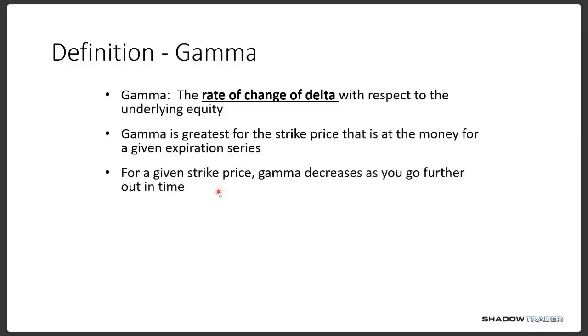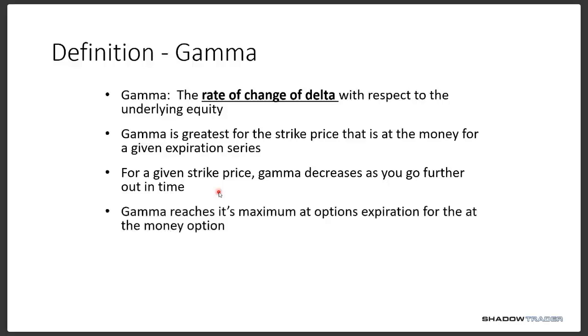For a given strike price, gamma decreases as you go further out in time, which means that the change of the next dollar by the underlying has less and less effect on delta as you go further and further out in time. Gamma is reaching its maximum at options expiration for the at-the-money option.